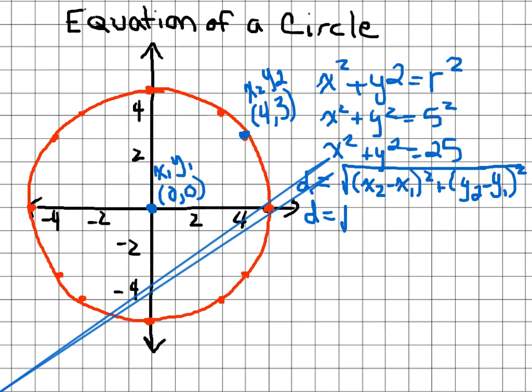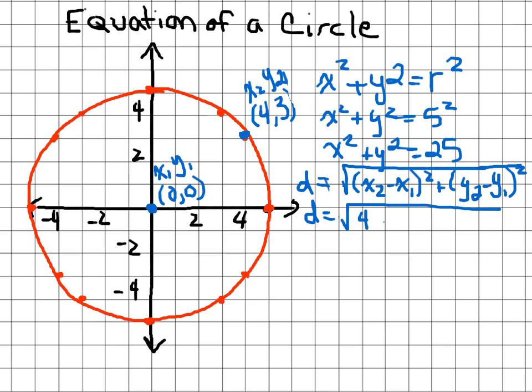My distance is x2 minus x1, which is 4 minus 0 all squared, plus y2 minus y1, which is 3 minus 0 all squared.